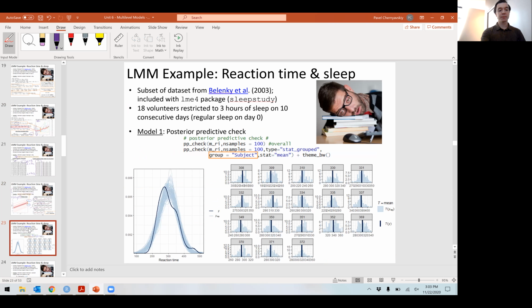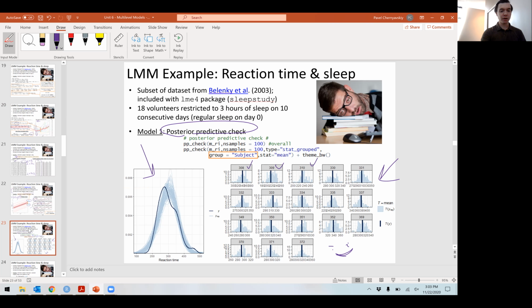I can perform the posterior predictive check, and I have it by subject here on the right. I have it overall here on the left. Both are useful. We see that we really are hitting the mean for every subject. This is very good. I'm very happy with this.